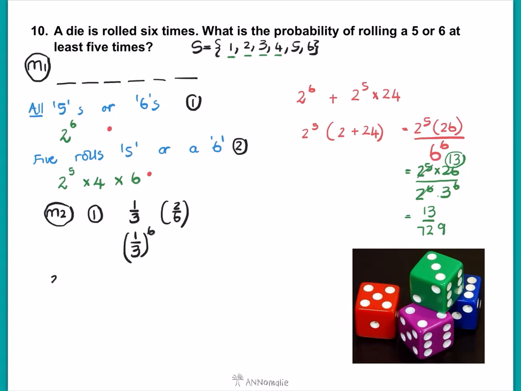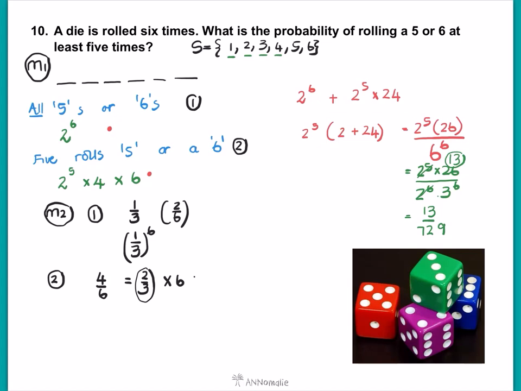But what about scenario 2? Here we've got 5 of the 6 throws produce a 5 or a 6. Now that means that the other throw, the throw that is not a 5 or a 6, for that the probability is 4 out of 6, which is 2/3. But once again, we know that this 2/3 probability could have fallen in any of the 6 slots. So that gives us times 6.